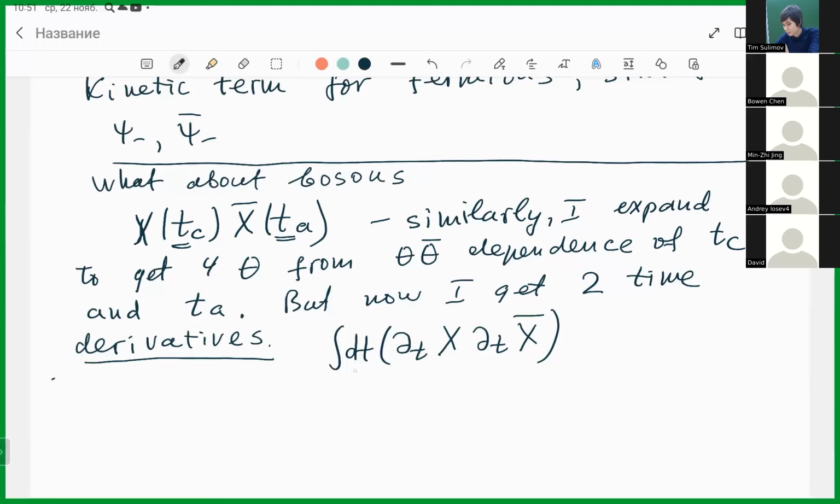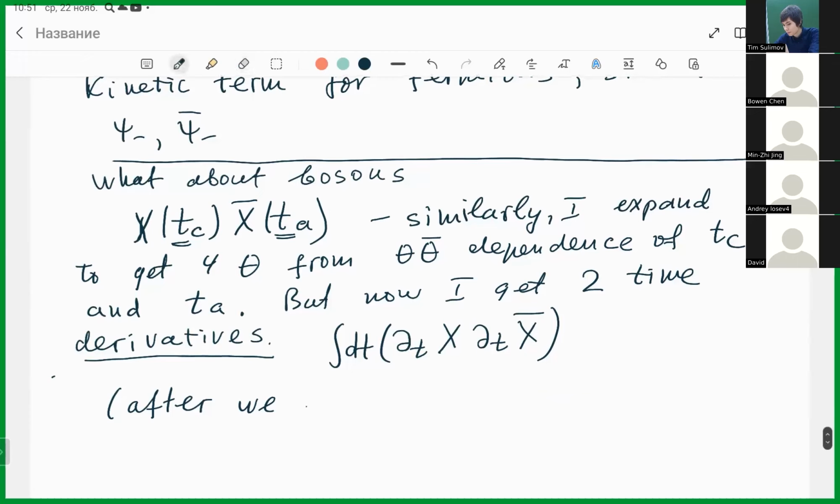So please believe me that the overall structure would be like this, after we eliminate total derivatives in T.